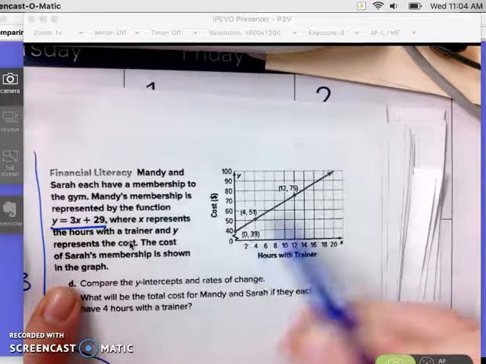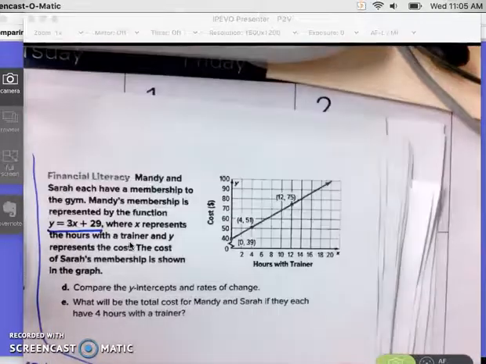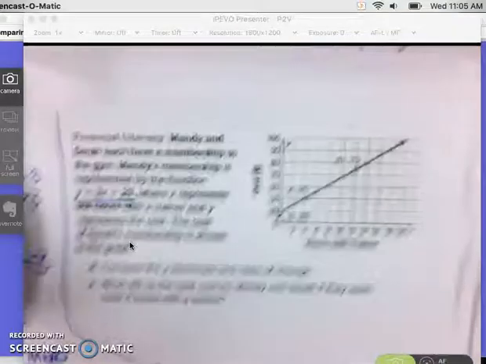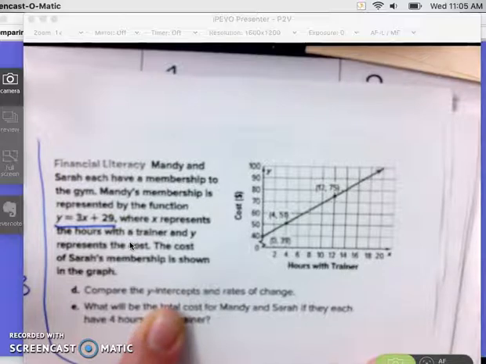So right here, it does not go through 0, 0. So we're going to have to write an equation for this graph. Okay, the cost, compare the y-intercepts and the rates of change.